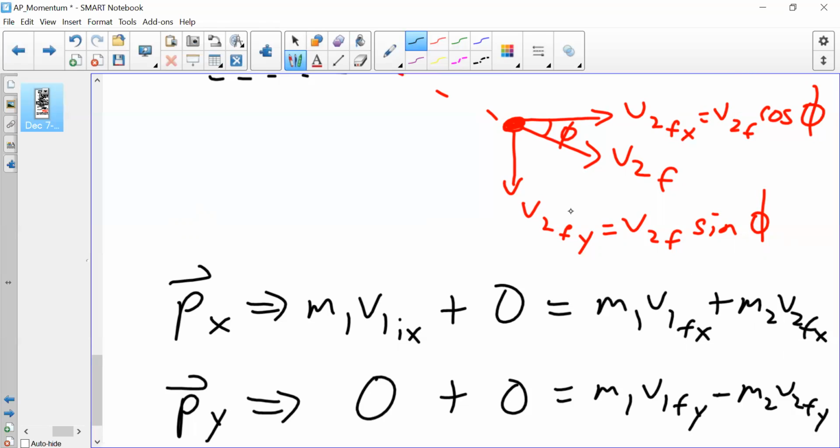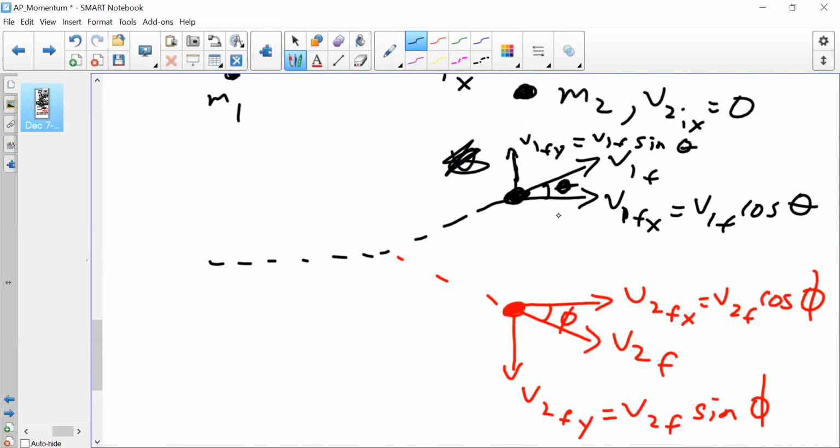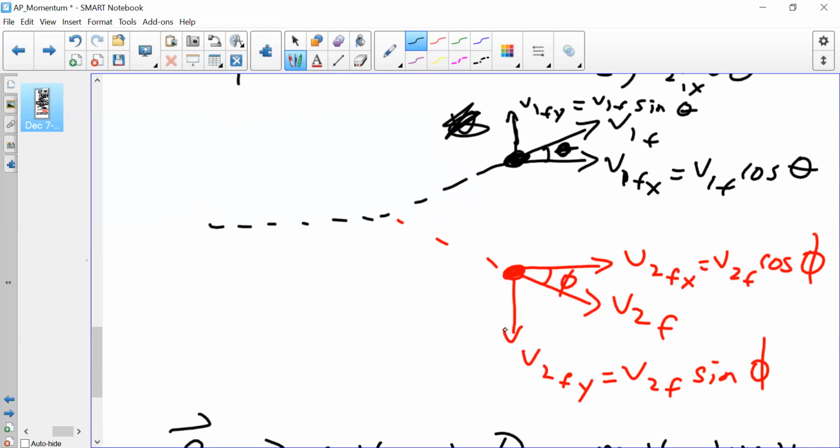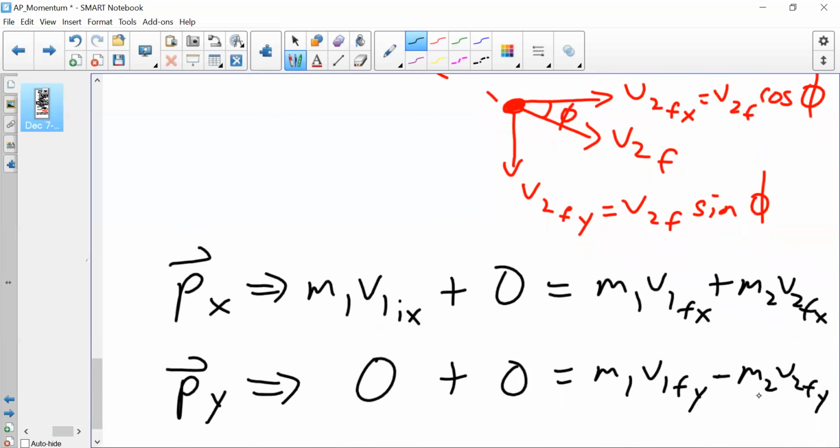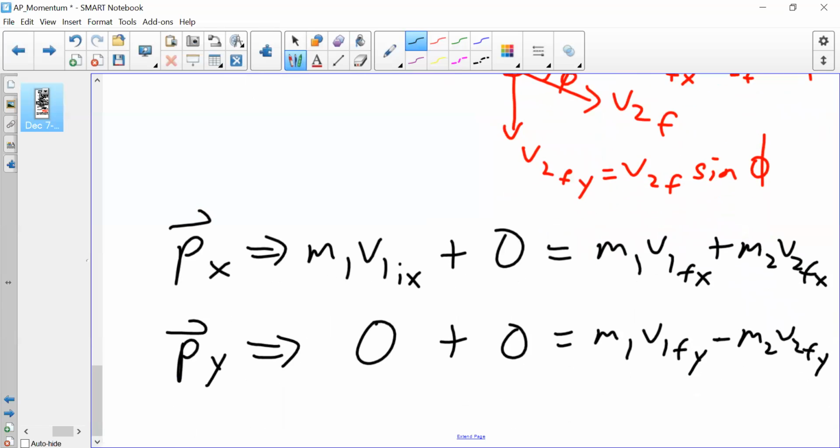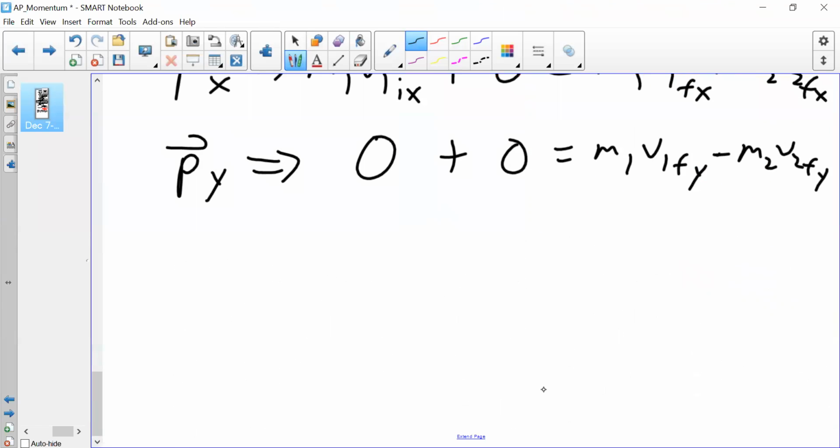This is v2f. This is going to be positive m1 v1fy, and this guy's going to be negative because it's going downward. And so that's just the setup that they gave you in section 9.3, just going over that again.